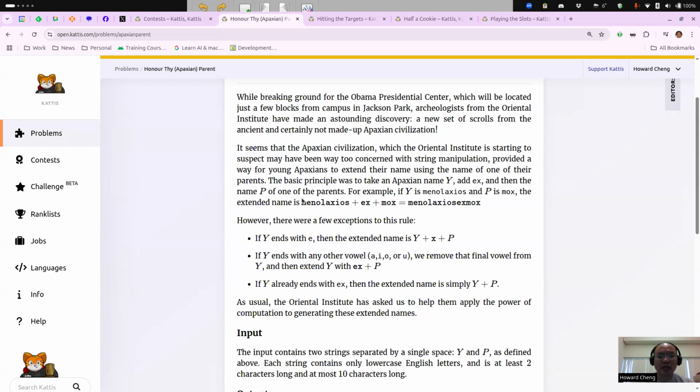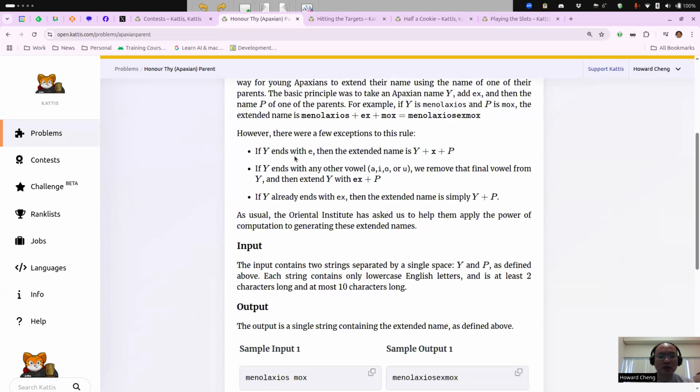So the standard rule is Y followed by the string EX followed by the string P. But then the exception, so if Y ends with just the letter E itself, then you only add the X. If Y ends with a vowel other than an E, we remove that final vowel and then add EX. So basically any vowels at the end, it's replaced by E followed by an X.